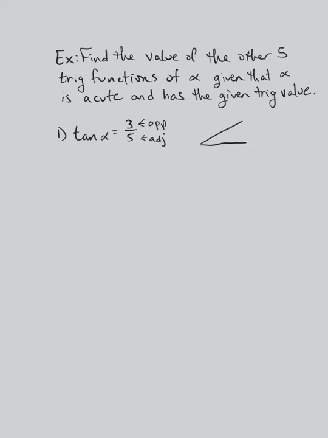Just one small point to point out. Remember, trig is all about similarity. So whenever I say that the tangent of alpha is equal to 3/5, this really isn't the only triangle that fits that description. That's a similarity ratio. So this side could have been 6 and 10. And then when I wrote opposite over adjacent, I would have got 6 over 10, which reduces to 3/5.